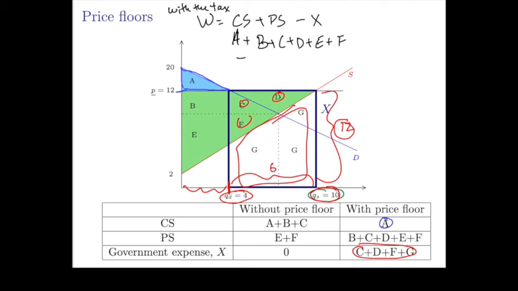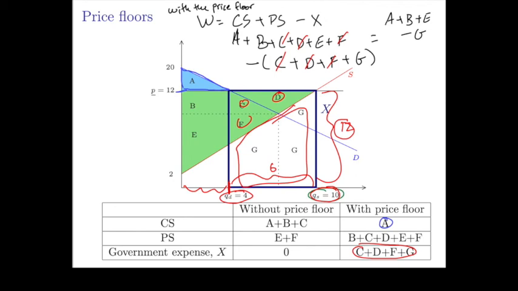We subtract from this C plus D plus F plus G. So we cancel out the C's, D, and F. So if we add those up, we get A plus B plus E minus G.